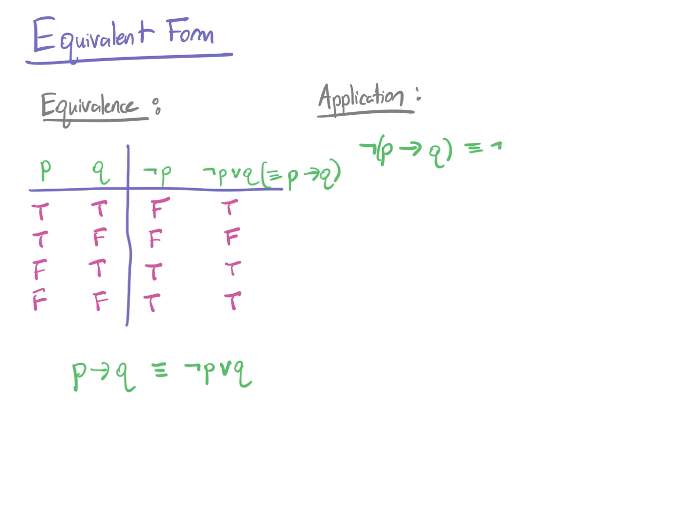The first thing I'm going to do is use this equivalence that we just discovered. I'm going to replace the implication with not P or Q. I'm just going to call this the equivalent form, and I'm going to put a little star there and a little star right here so that you know I'm using the equivalent form that we just discovered.